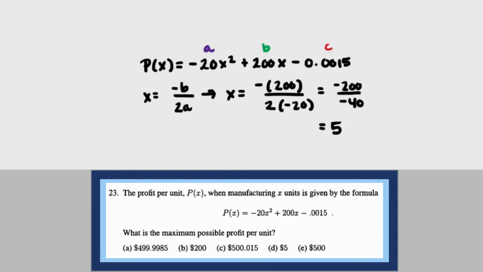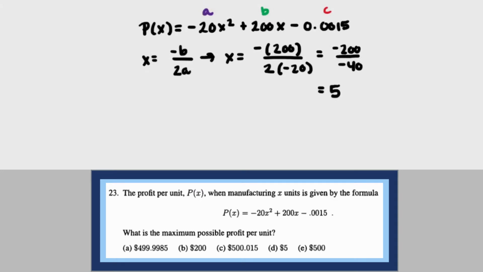So in order to complete this, once we find the x-coordinate of our vertex, we're just going to plug 5 into our P of x to find the corresponding y-coordinate. So we're going to find P of 5, which is just going to be negative 20 times 5 squared, plus 200 times 5 minus 0.0015. And then we're just going to evaluate that.